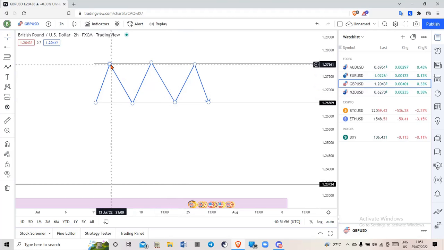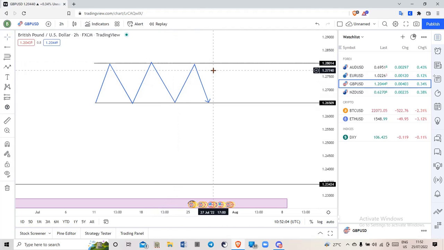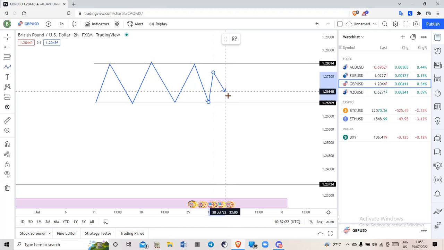It touches the top three times, and touches the bottom three times. Once we have it at least three times, we could possibly say that this market is ranging. It's neither going up nor down. Now, one thing you also have to take into consideration for a ranging market: it's not necessary that when it's bouncing up and down, it's going to get to the top or bottom all the time.